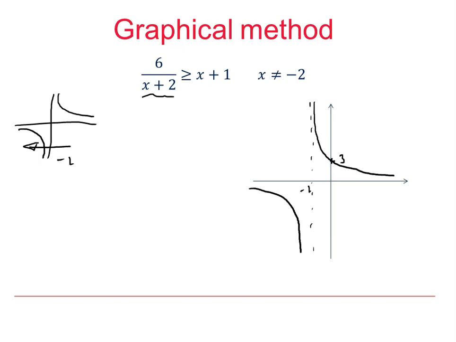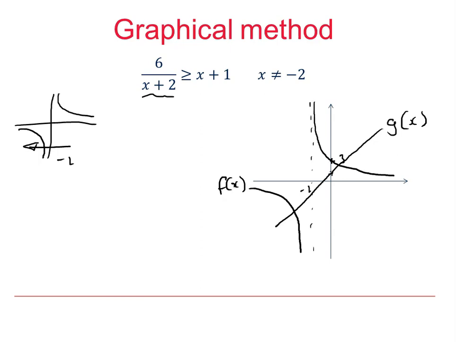The straight line, x plus 1, well, that will cross at 1 with gradient 1, so it will look something like this. So there's our two graphs sketched, and what we want to know is when is f of x, the reciprocal, greater than g of x, the straight line.